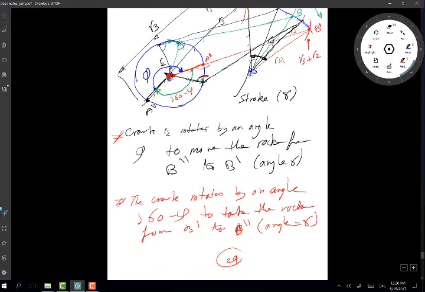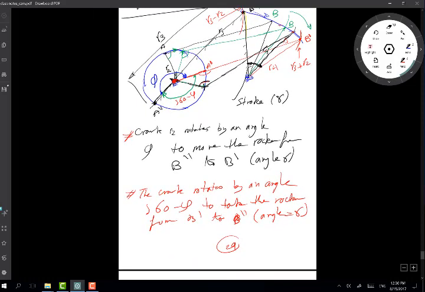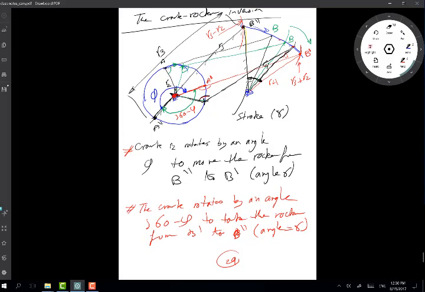All right, okay, so now this is my interesting argument here. The rocker moves in each direction the same angle gamma, the stroke of the rocker, in each direction. But the crank has a different angle which corresponds to each motion type thing.